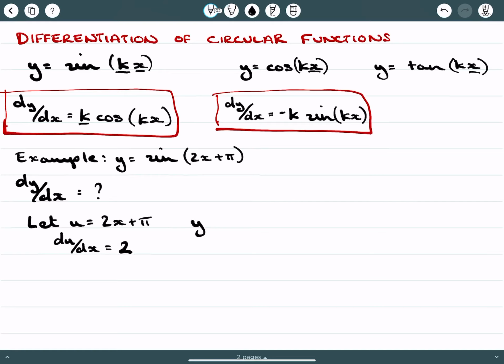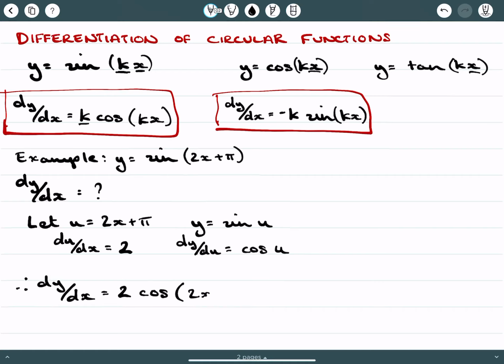Then y equals sin u, and dy/du equals cos u, and therefore dy/dx equals 2 cos, and then we substitute 2x plus pi in for the expression.